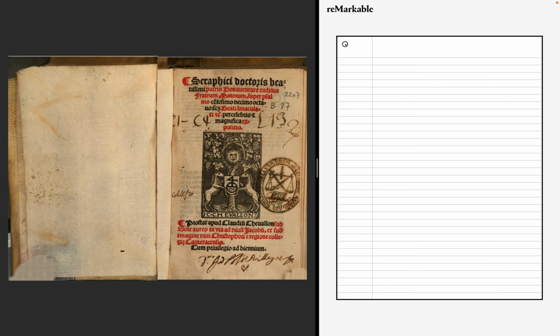Rare book title page transcription. I saw a class being taught at the Rare Book School, California, and it was like a $900 class just on title page transcription. And that blew my mind.